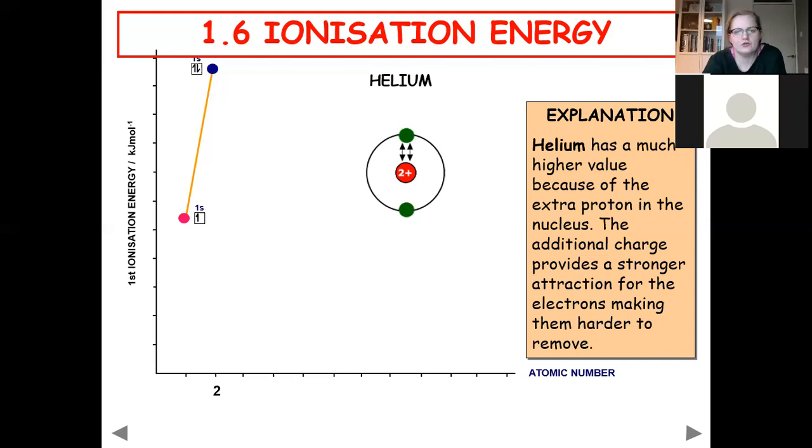It is harder to remove that electron because the extra proton provides a stronger charge in the nucleus, so that's a stronger attraction for the electrons, making them harder to remove. The distance hasn't changed, the shielding hasn't changed, but our nuclear charge has changed, which means helium's first ionization energy is a lot higher than hydrogen's was.